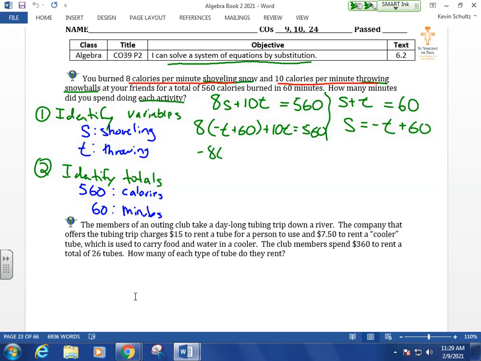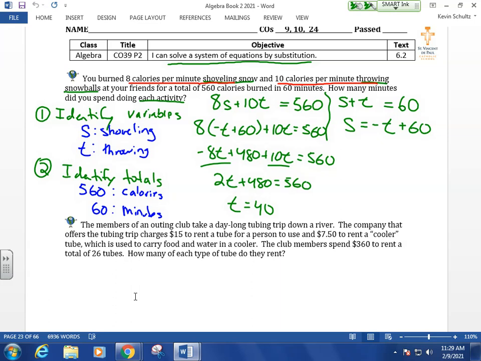So we get negative 8t plus 480 plus 10t equals 560. Combine the negative 8t and the 10t, and we get positive 2t plus 480 equals 560. Subtract 480 from both sides, divide by 2. We get t equals 40.